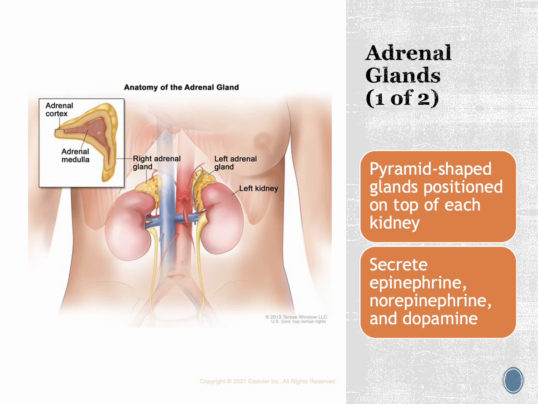So the medulla produces, stores, and secretes epi, norepi, and dopamine. And together, all of these are referred to as catecholamines.